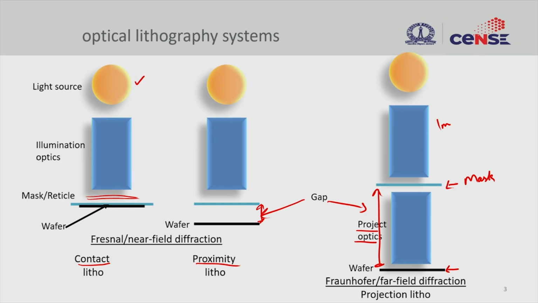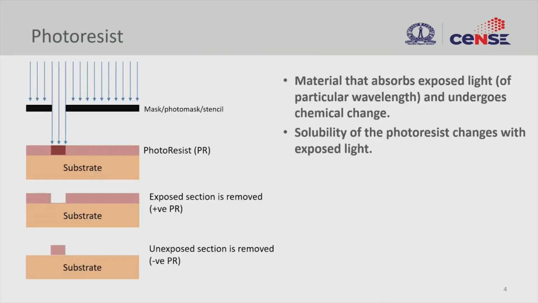In optical terms, this is Fraunhofer diffraction, and this is Fresnel diffraction, if it is a near field and far field. So in R&D and also in industry, we use a combination of these two processes. So irrespective of whether it is contact or proximity or projection, the image on the wafer becomes very important. What happens on the wafer is very important. So that is what we are going to see in this lecture.